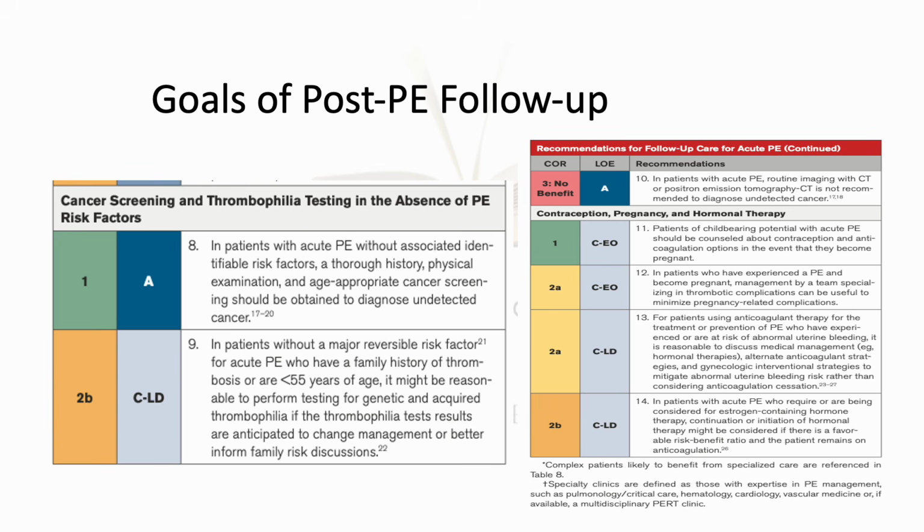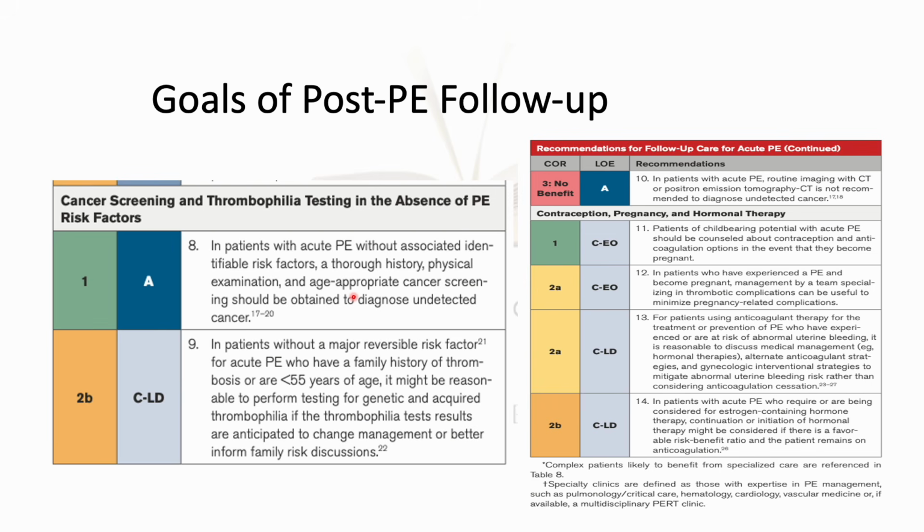Now, since Mrs. Mehta has recovered and is attending her first follow up, there are certain things one has to look at. The 2026 AHA guideline emphasized that the follow up has to be very, very structured, and the goal of the follow up is also to see whether there are recurrence risk factors. We have to ensure that in patients with acute PE who did not have an initial identifiable risk factor, age appropriate cancer screening is obtained.